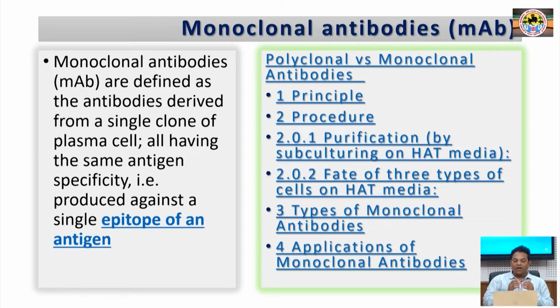After the production, after the processing, we have to purify it, we have to culture it by using various media. Then after that, what will be the fate of the selected cells which we are using for the monoclonal antibody. Type of monoclonal antibodies is another step, and finally we will discuss the application of monoclonal antibodies. So, on these parameters we will discuss one by one.